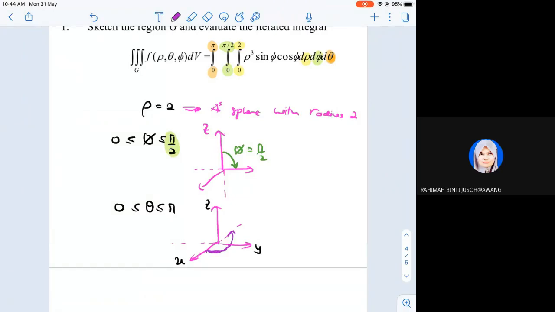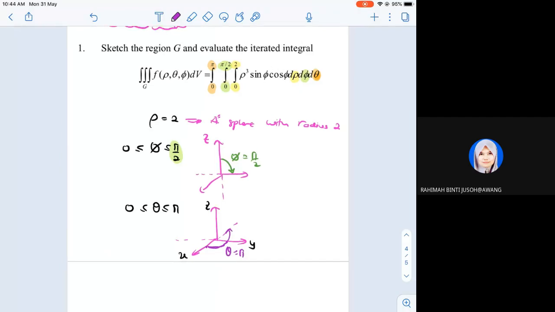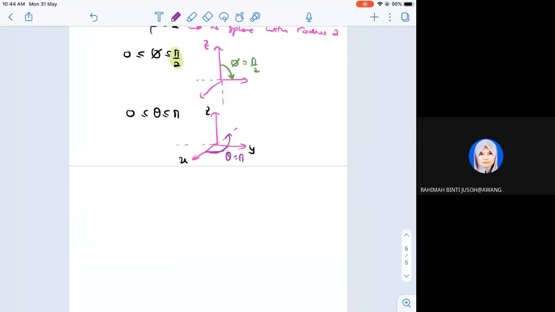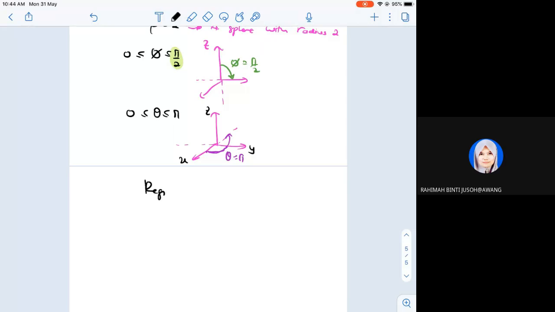Right, so theta equals to pi from x positive until x negative. So this is not a complete hemisphere. Kalau dia patah balik ke depan, baru betul itu adalah hemisphere yang complete, separuh sphere yang complete. But now it becomes only quarter of the sphere. Okay, so the real graph, region G, is this.